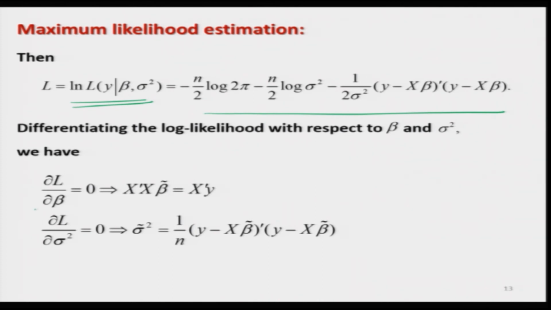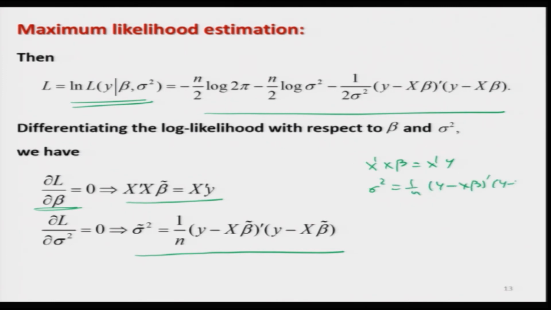When I differentiate it with respect to beta, we get x transpose x beta equal to x transpose y, and sigma square is equal to 1 upon n, (y minus x beta) transpose (y minus x beta).